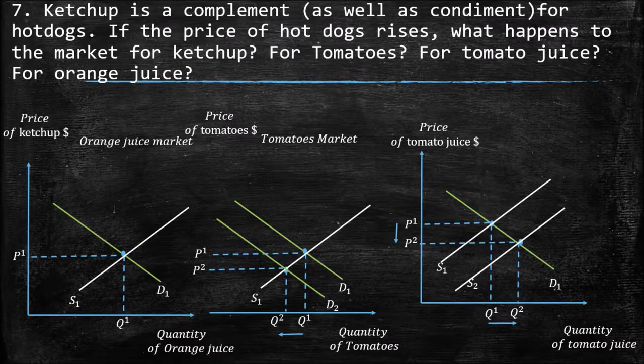So if the price of tomato juice decreases, we are going to consume less orange juice, because instead of drinking orange juice, we are going to drink tomato juice. So it's going to be a decrease in demand, so the price is going to decrease and the quantities as well. So this is the point.